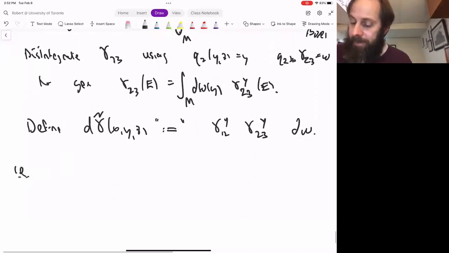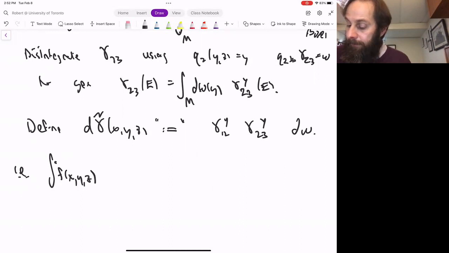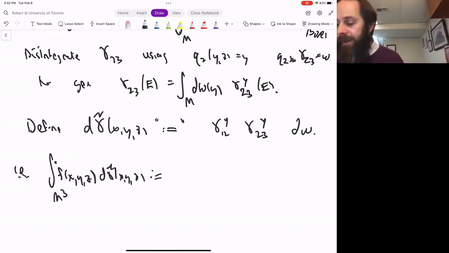What do I really mean? I really mean that if I integrate an arbitrary continuous test function against gamma tilde, as long as I can define this, as long as I have a linear action, then I know gamma tilde if I know its integral against any continuous test function.